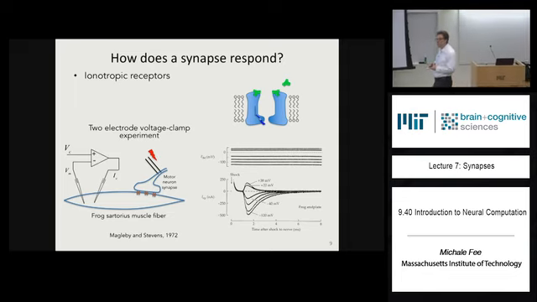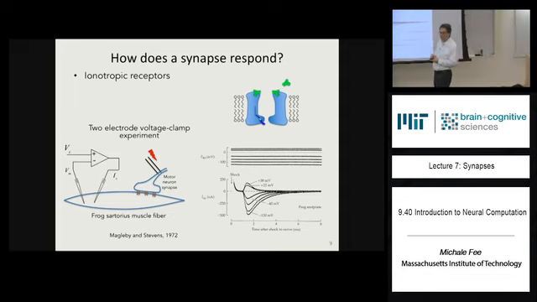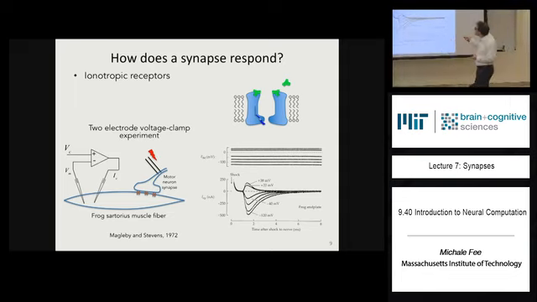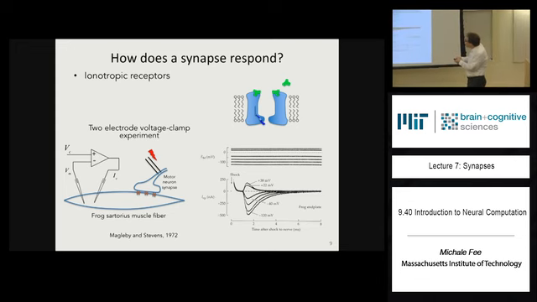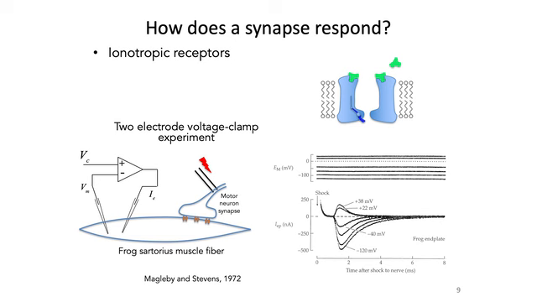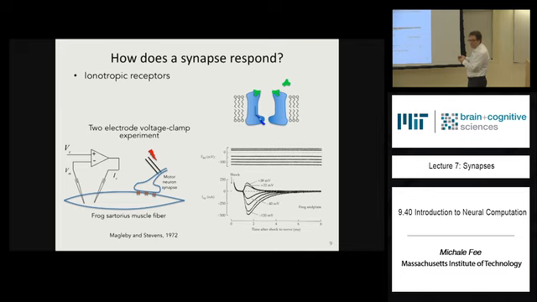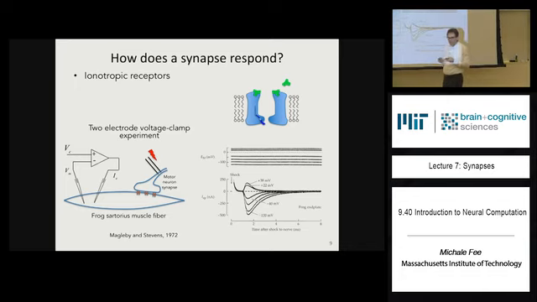Yes? Is the current flowing through the ion channels in the muscle fiber, or through these ion channels here in the synapse? Remember, there are all sorts of sodium channels and potassium channels, but do those do anything? We're just holding the voltage.